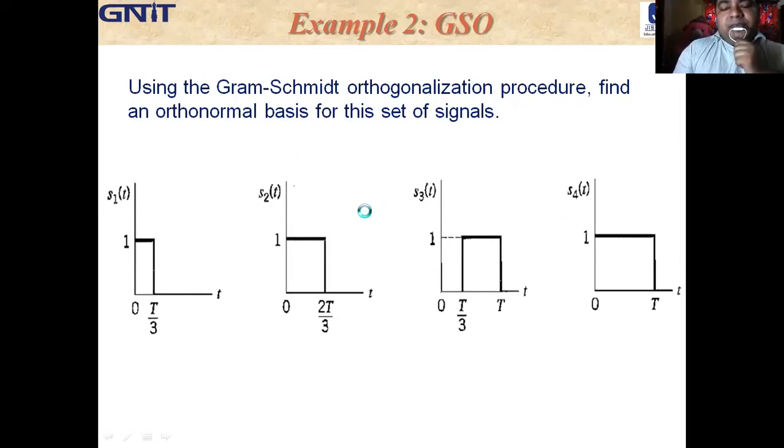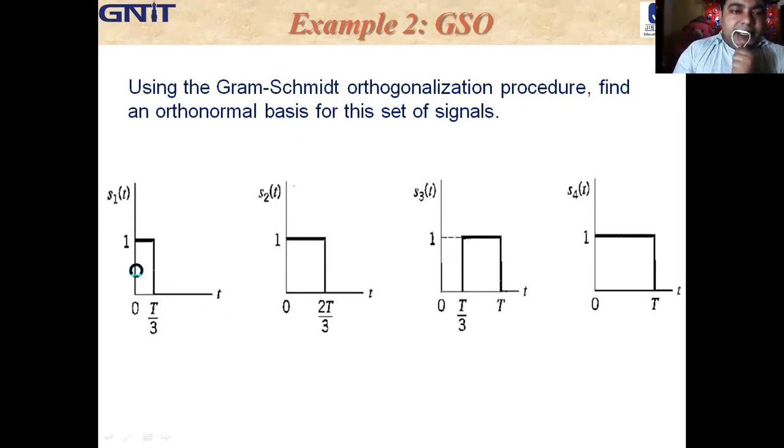Here in this problem, four signals are available, which are represented as S1(t), S2(t), S3(t), and S4(t).